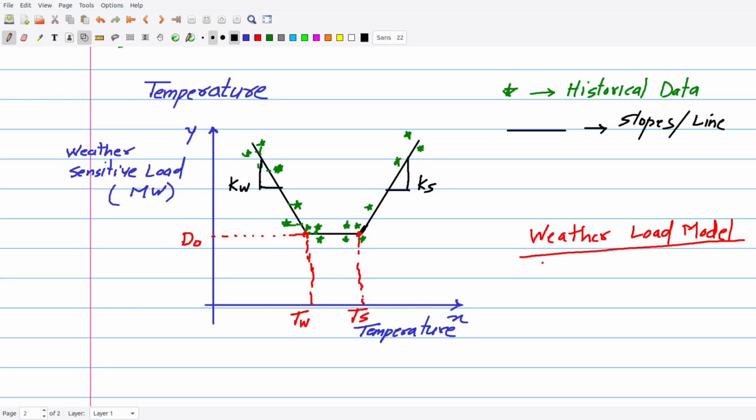So first you have to draw a scatter diagram showing variation in daily peak load demand with a proper weather variable as shown. The most commonly used variables are temperature and humidity. So on the x-axis you should have either temperature or humidity, any of these.